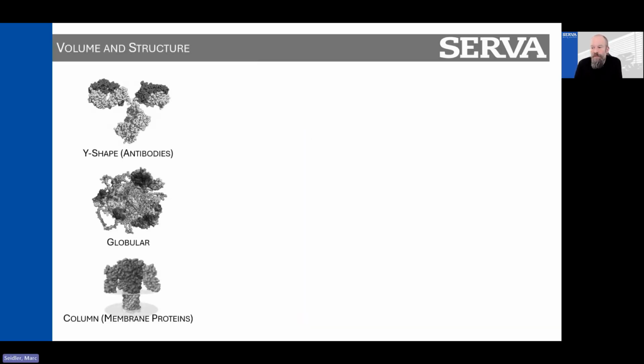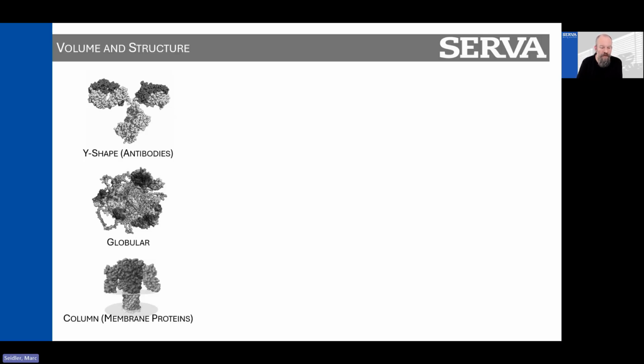So talking about the volume and the structure, I mean, the volume is three-dimensional. And most of you perhaps know that you can have various volumes and structures in proteins. So here are the three most common ones, I would say. So you have some kind of a Y-shape, antibodies, for example.